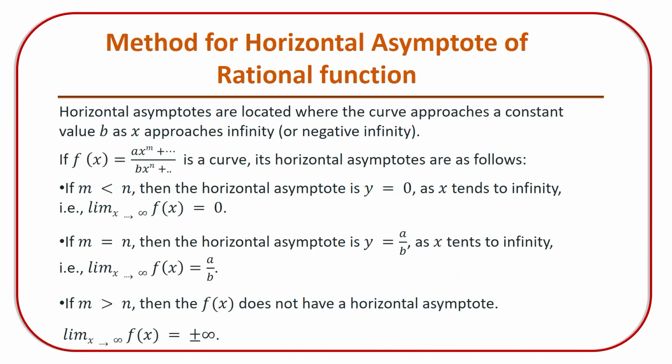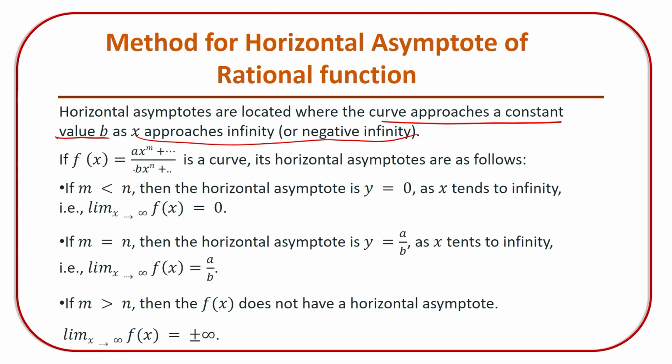Some methods are recommended when the function is in the form p(x) by q(x), that means in rational form. Let me remind you of those methods, so that it becomes easier to guess which line will be a horizontal asymptote for the given function. Horizontal asymptotes are located where the curve approaches a constant value b as x approaches infinity or minus infinity.